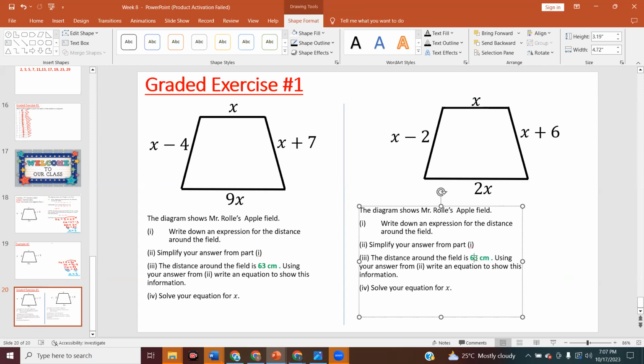Let's say that the distance around it is 124 meters. And let's say that this is Mr. Jones. Let's say that this is his tomato field.